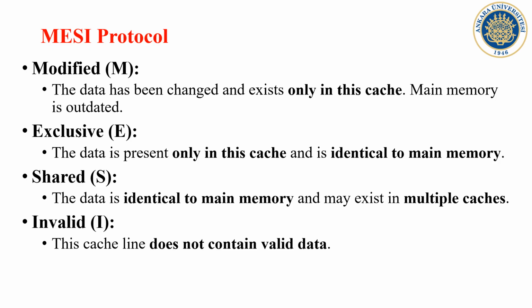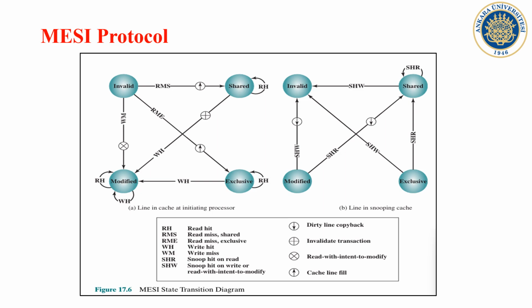The MESI protocol uses 2 bits per cache line to represent 4 states: modified, exclusive, shared, and invalid, each describing whether the data is up-to-date, shared, or usable. In the basic protocol there are 4 cache line states: modified, exclusive, shared, and invalid. Transitions between these states depend on whether a read or write operation occurs and whether that operation results in a hit or a miss.